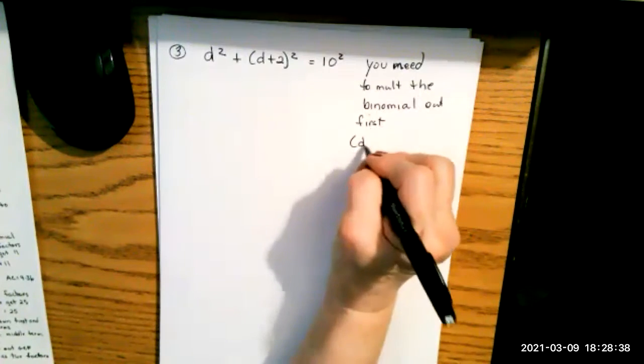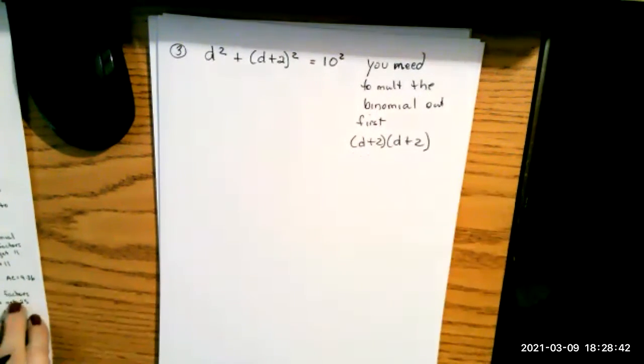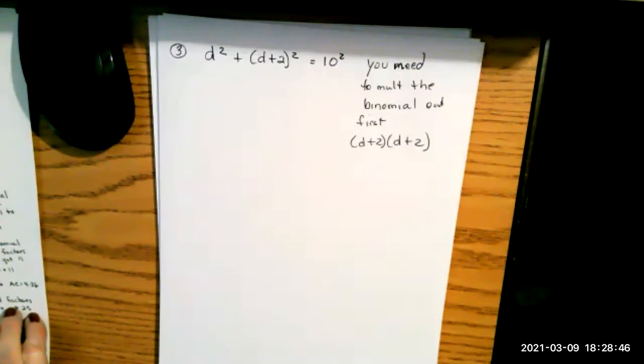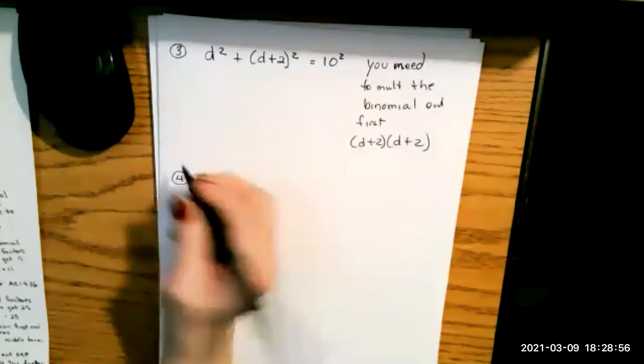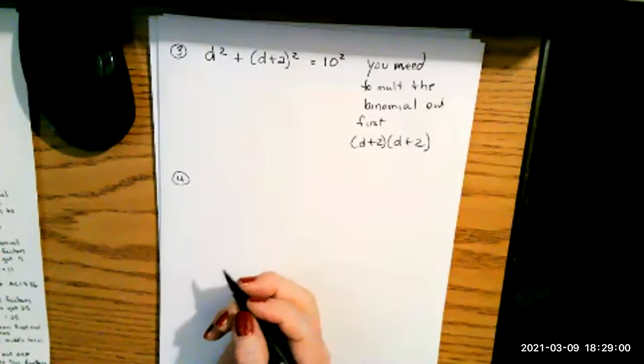So you would have d plus 2 times d plus 2. That's the problem that most people make out of this problem, is that you forget that you've got to multiply that out. It's a binomial, so put it down twice. So that's something you're going to remember, and we're going to do that exact problem in just a minute. I just want to remind you that you need to put that d down twice and multiply it out.